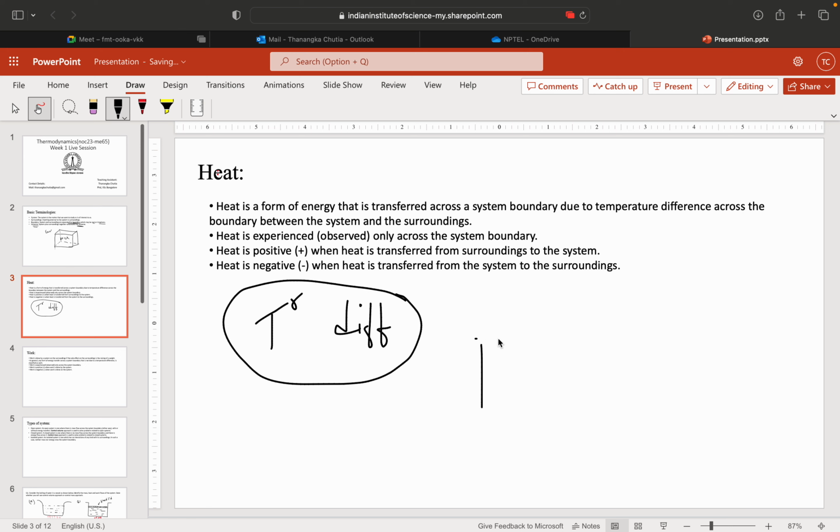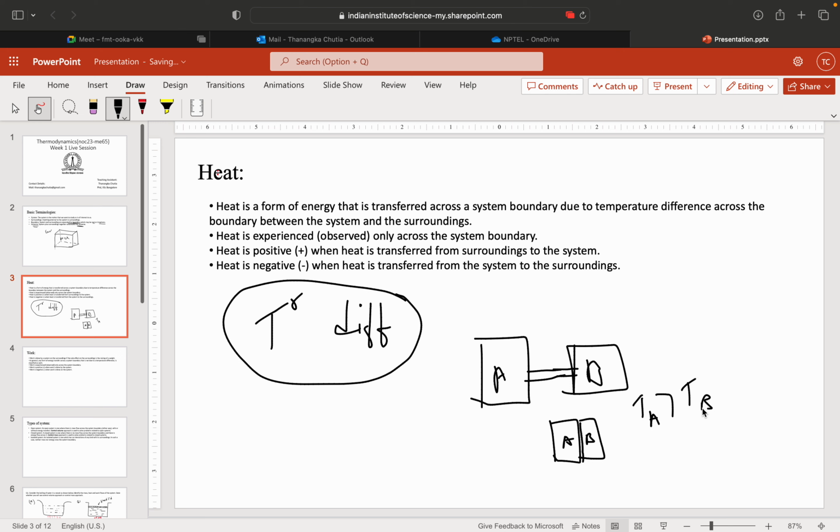Suppose this is body A and this is body B, connected via a rod, or simply placed side by side. If body A has a higher temperature than body B, then heat will always flow from A to B. But if the temperature of body A is equal to that of body B, then heat will not flow.